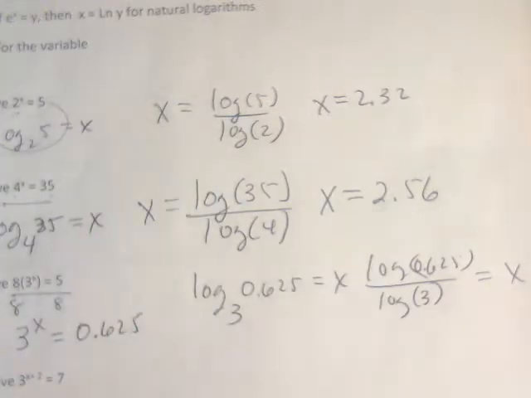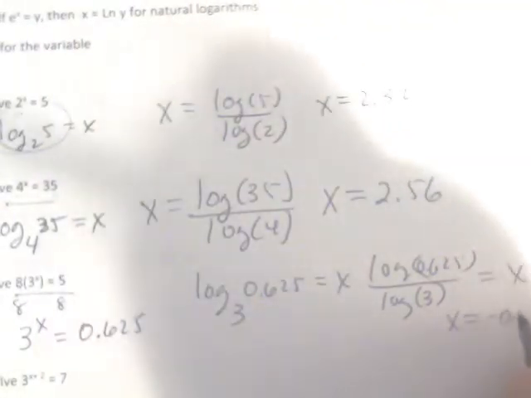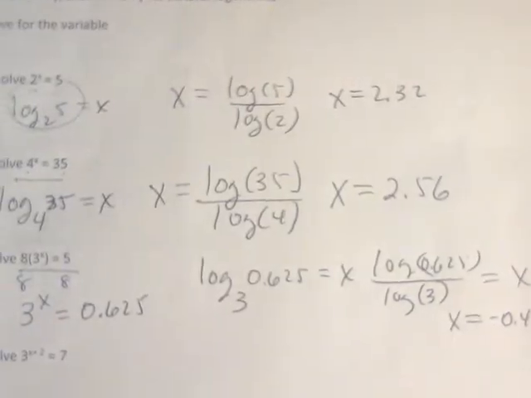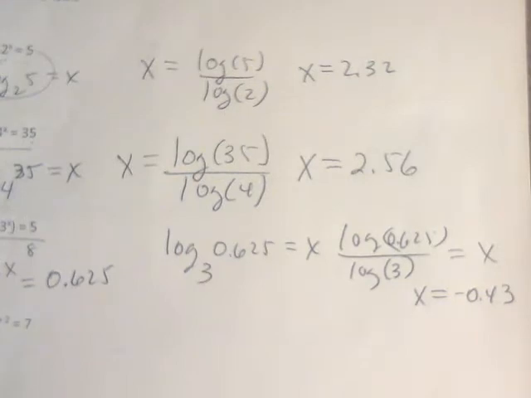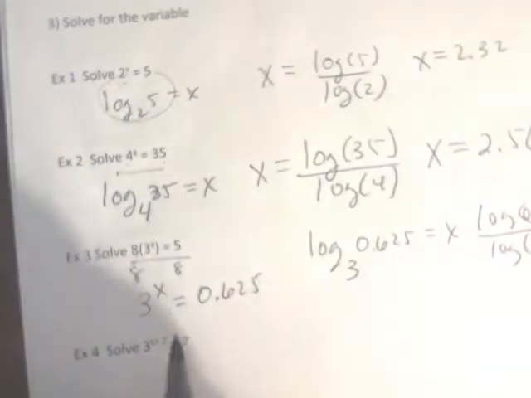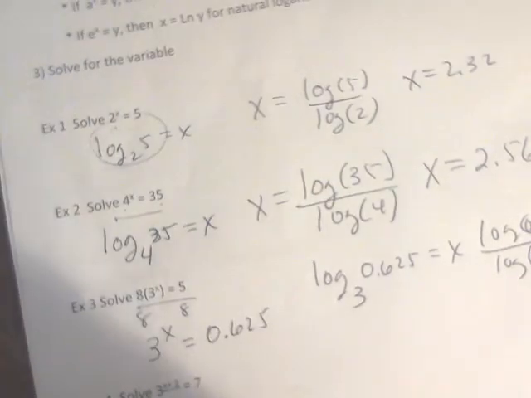And x is negative 0.43. In example 4, only difference is instead of having x, we have a different expression. So we still can change this to a logarithm.